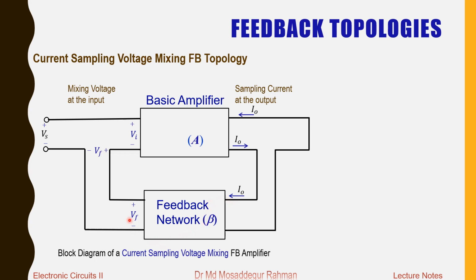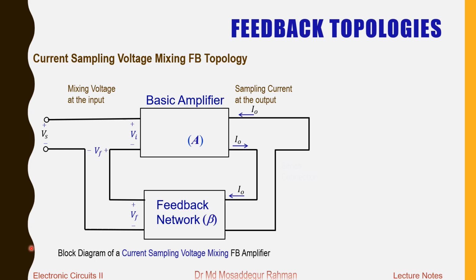The feedback network in this case produces a proportional feedback voltage at its output, denoted by Vf, because at the input side we are mixing voltage. So Vf is mixed with the signal voltage in a way that it is subtracted, and the difference goes into the input of the basic amplifier.